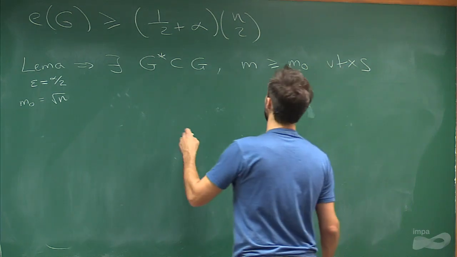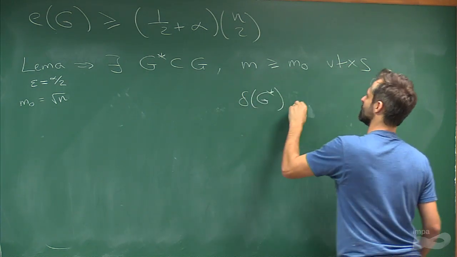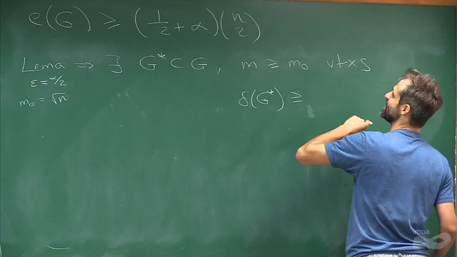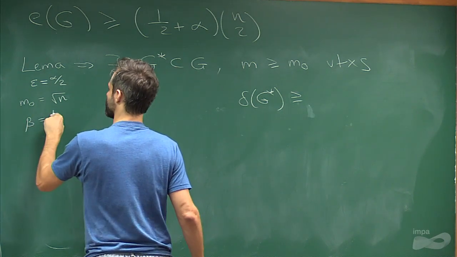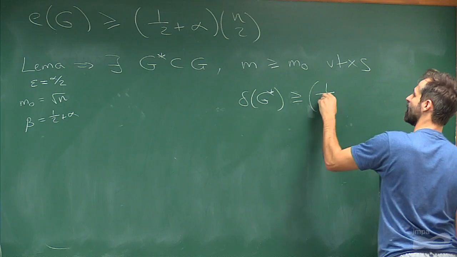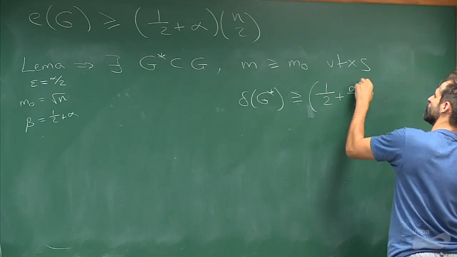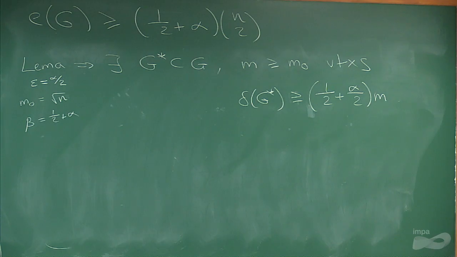Right? And the min degree of G star is at least, what's beta? Beta is a half plus alpha. So it's at least a half plus alpha over 2 times n. Okay.